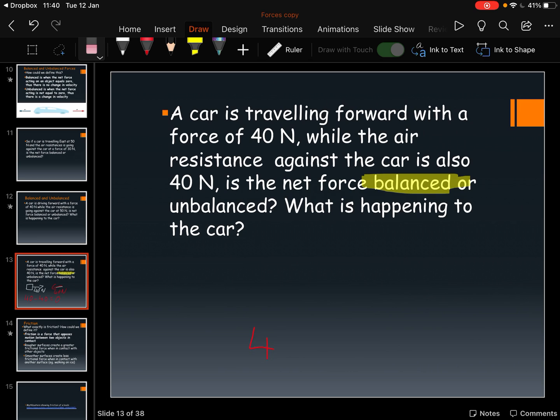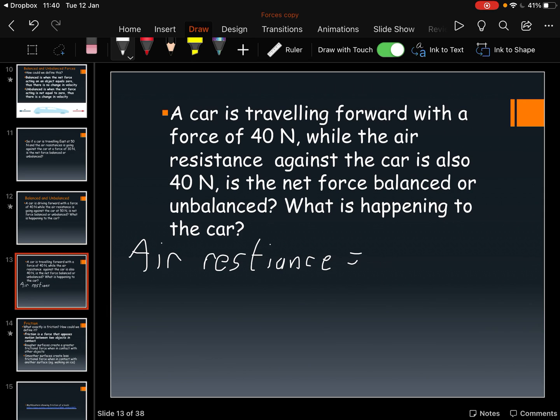So the last time we had the air resistance was greater than the car, so the car was slowing down. This time, okay? So this time it's different. Air resistance is equal to driving force. All right? So the air resistance is equal to the driving force.